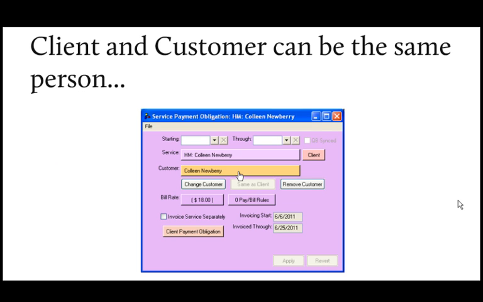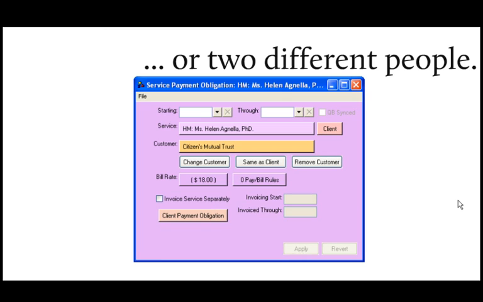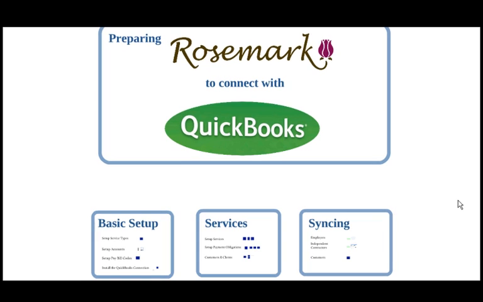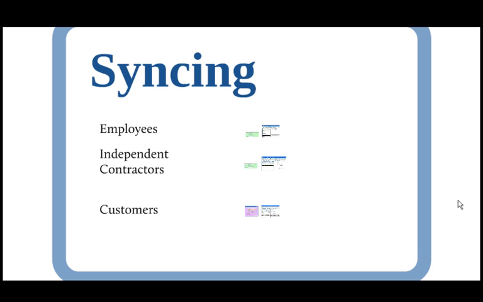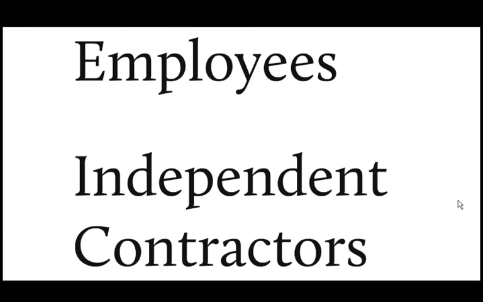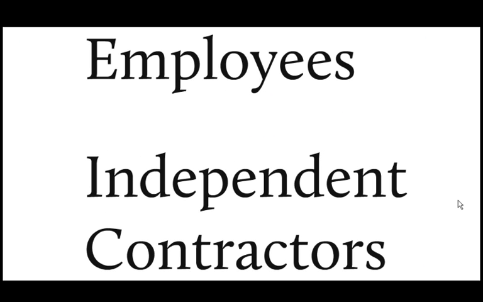Alright, so with the basic setups there, let's take a look at the actual syncing process. So Rosemark can synchronize employees, independent contractors, and customers. So caregivers are either employees or independent contractors, depending on which way your agency works. In general, you don't have both in a single agency. I'd say most agencies have employees, but some agencies use independent contractors.